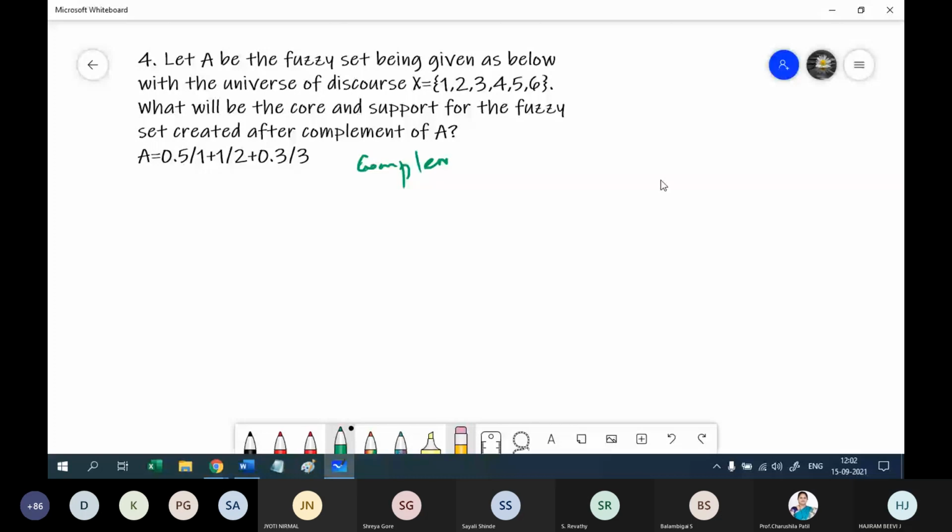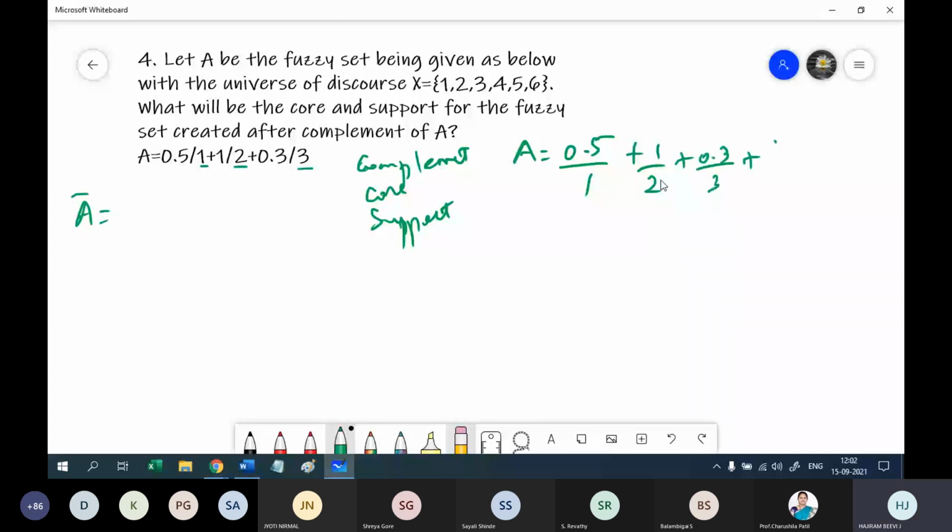See the universe of discourse: here we are having 1, 2, 3, but in the universe of discourse they are given 1, 2, 3, 4, 5, 6. So this is the A value.